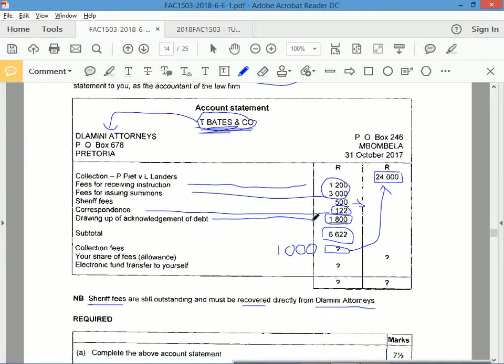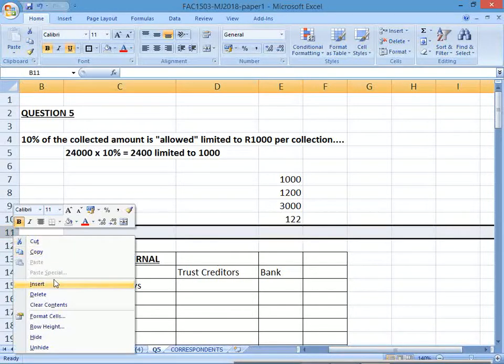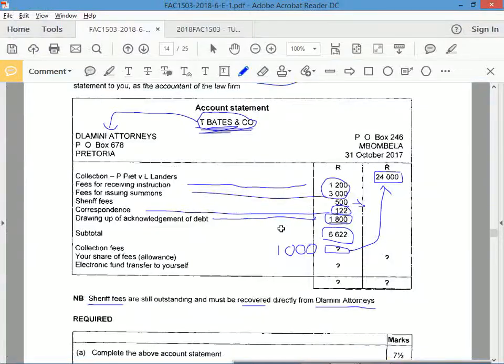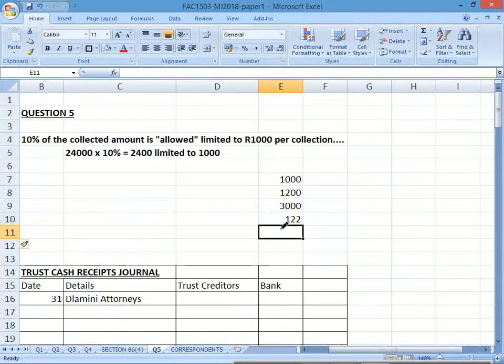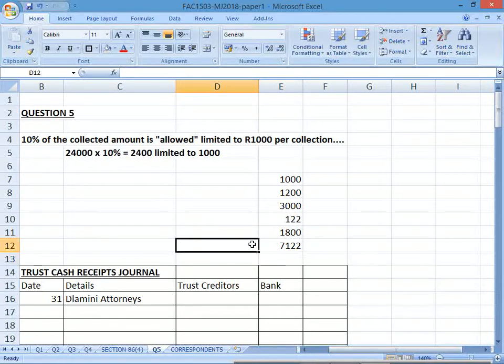Drawing up of the work. That would be the work that you would do. 1,800. If I add up all of that, let's see what we get here. That's the total.